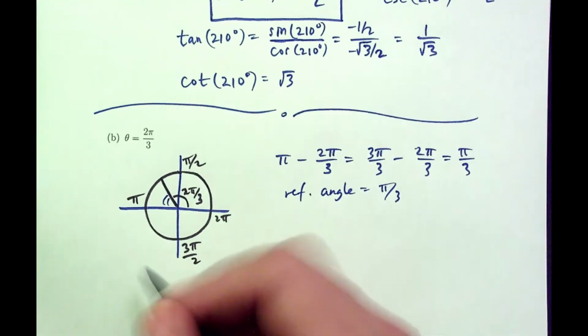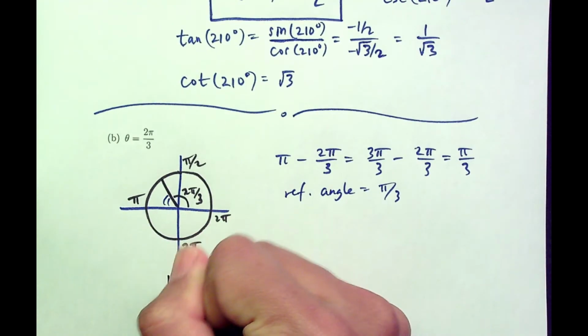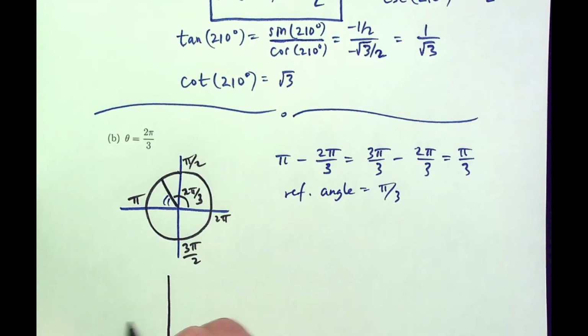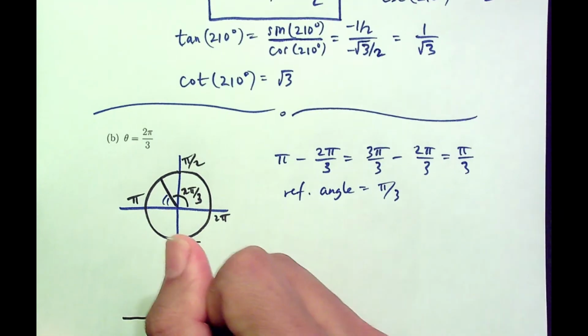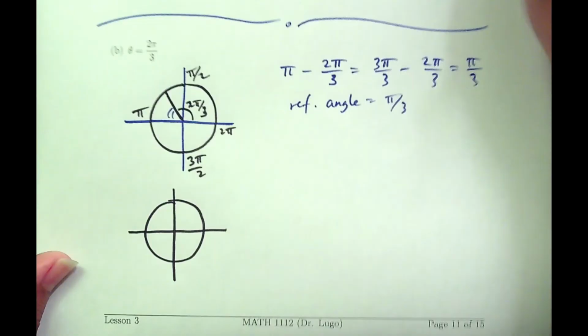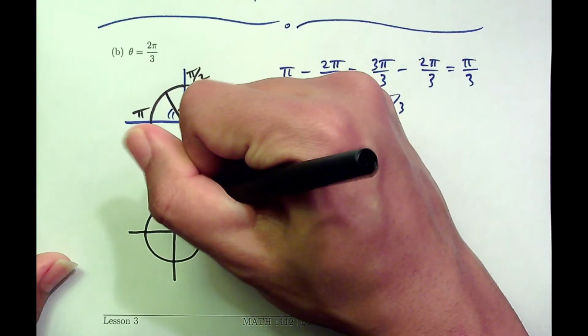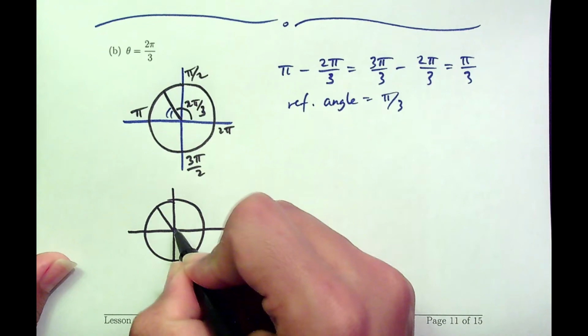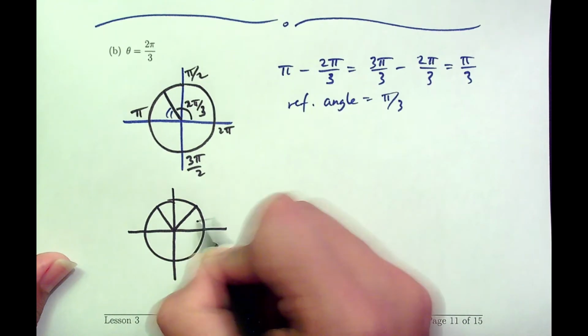Now let's take a moment and draw that again. You could draw it over there, but it's kind of too cluttered. I like drawing it in a new picture. So I have 2 pi over 3, and I have pi over 3.